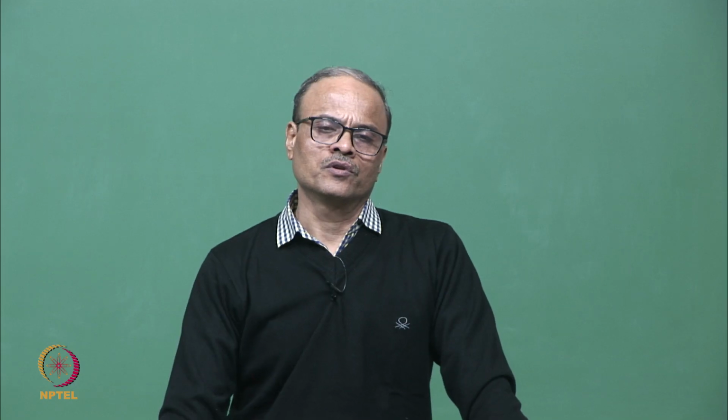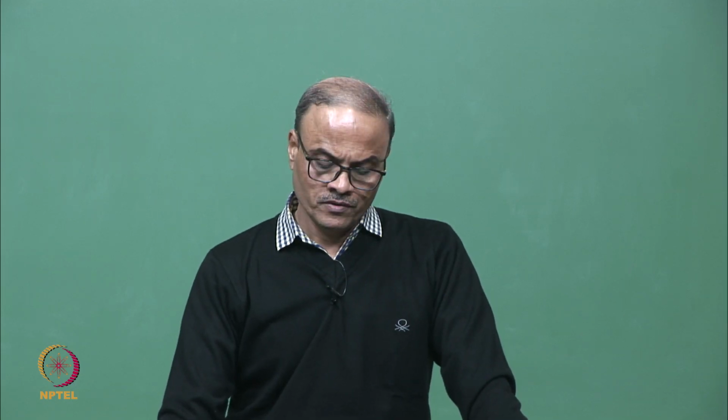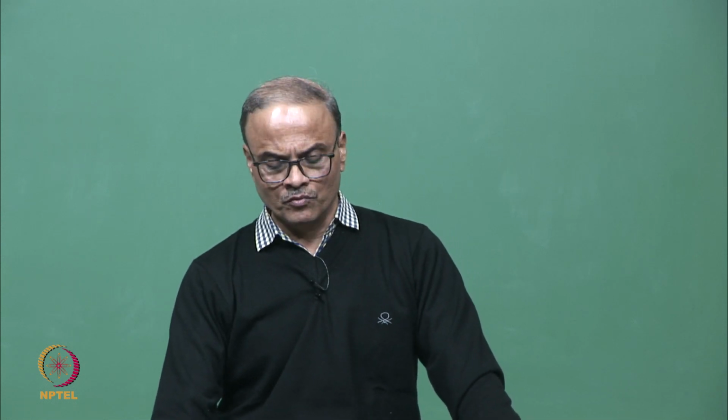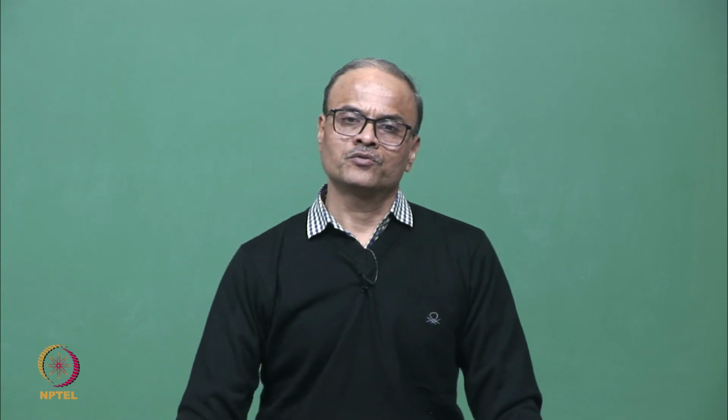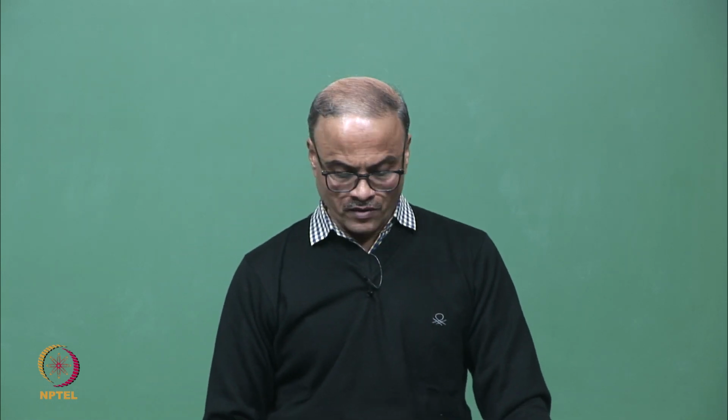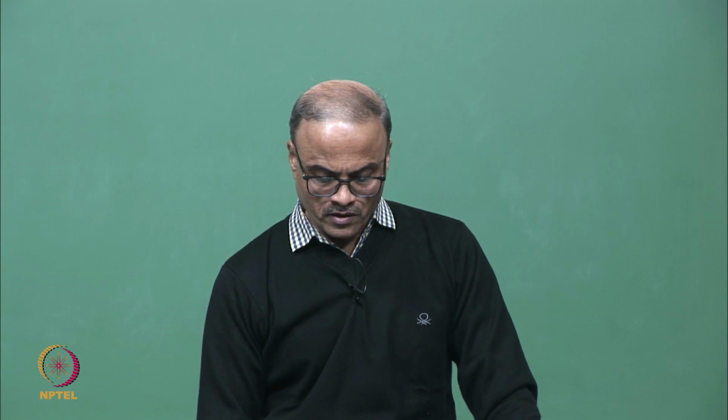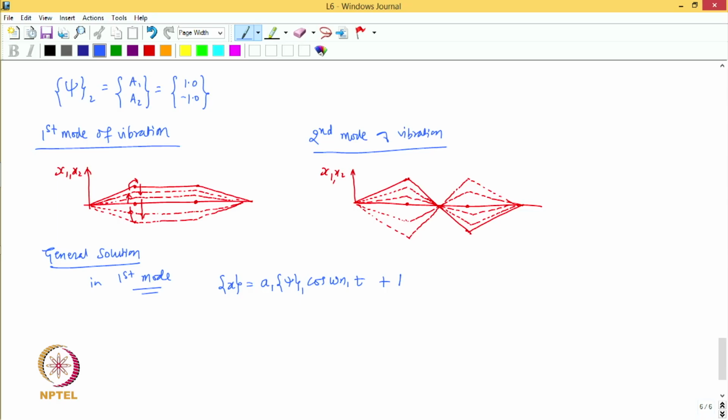then that also is a valid solution under the first mode of vibration, and therefore a linear combination of these two motions, the cos and sin motions, is also a free vibration solution in the first mode, and therefore the general solution would be obtained by adding the sine term to this, right. So, we get B1 psi 1 sin omega n1 t. So, this is the general motion in the first mode of vibration. Okay.